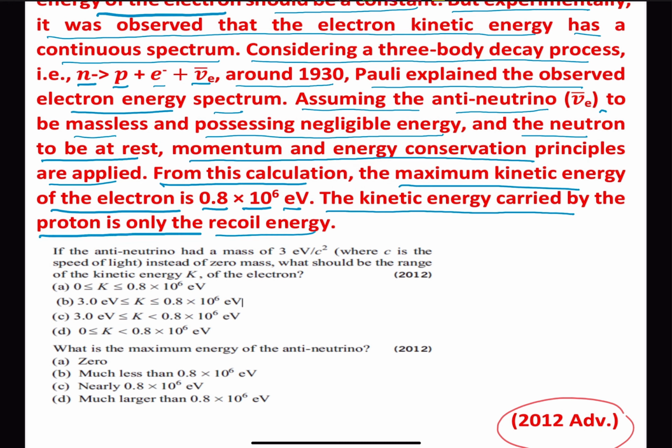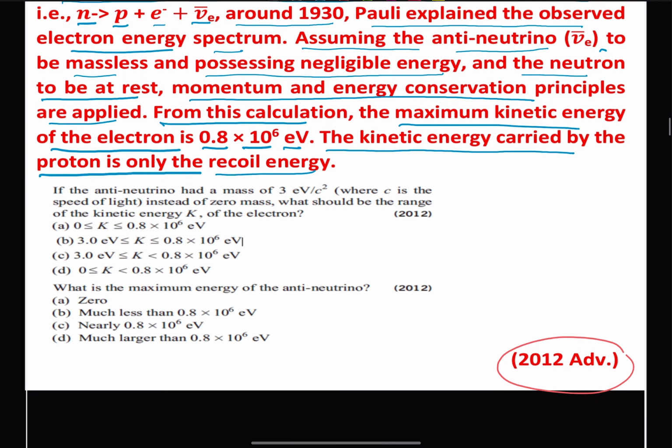So based on this, we are given two questions. In part A, if the antineutrino had a mass of 3 electron volt per c square, where c is the speed of light, instead of zero mass, what should be the range of the kinetic energy of the electron?